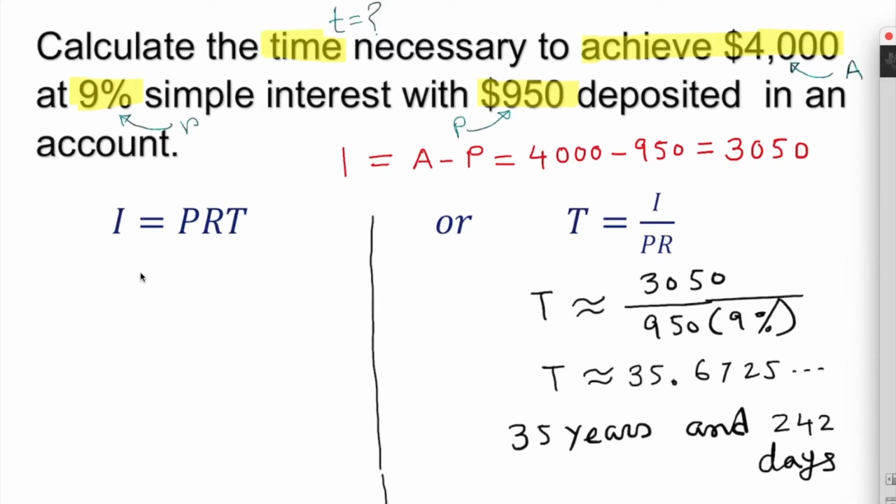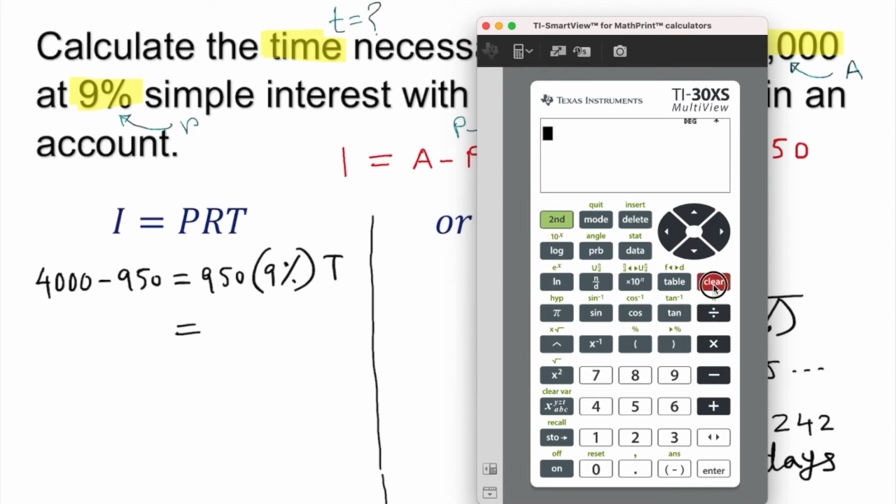So the interest is basically 4,000 minus 950, equal to P, 950, times the rate 9%, times the T. Same thing, a little bit with the calculator is going to be fine here.